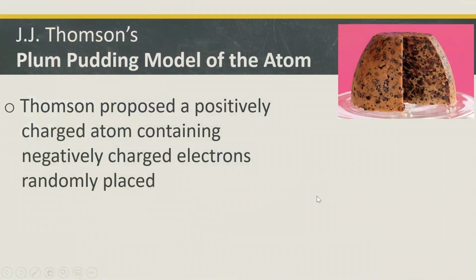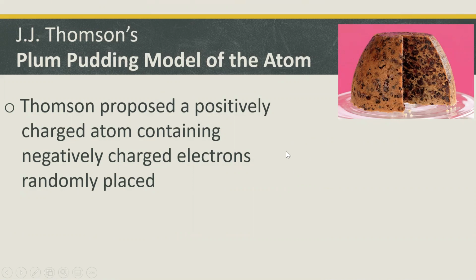So his model of the atom is called a plum pudding model. And this is what plum pudding looks like. It's not pudding like we think of. It's almost like a fruit bread or cake. It's a European thing. So Thomson proposed that positive atoms contained negative electrons.